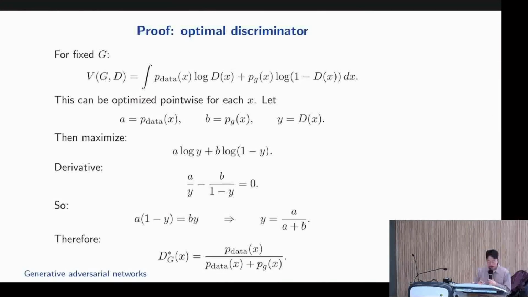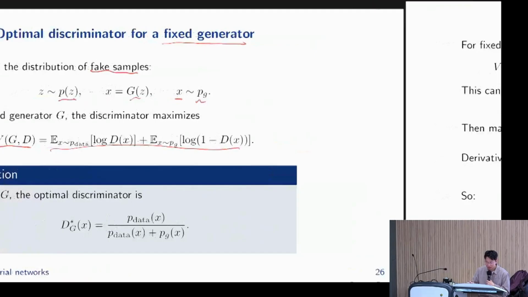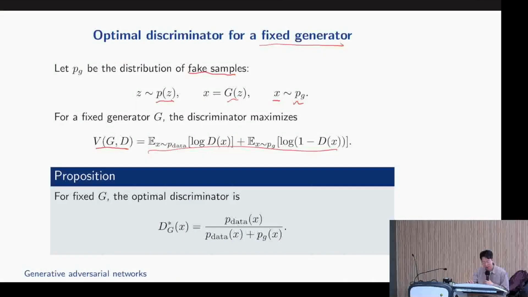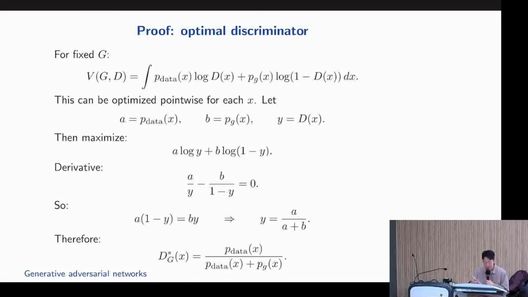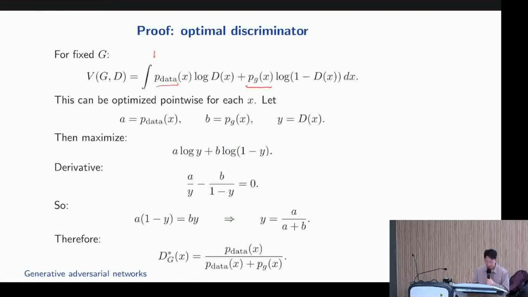Okay, why? For a fixed generator, I'm going to rewrite the objective as an integral. So I'm going to expand the expectation sign. That's why we have the integrals and the distributions here. And this can be optimized point-wise for each x. So to make it easy, let's just give it some names.